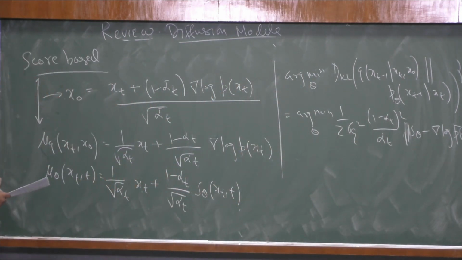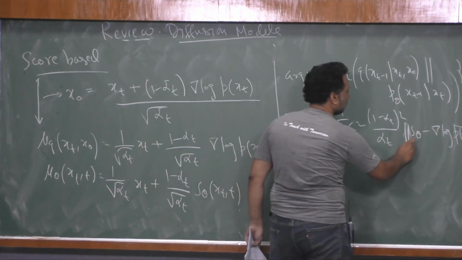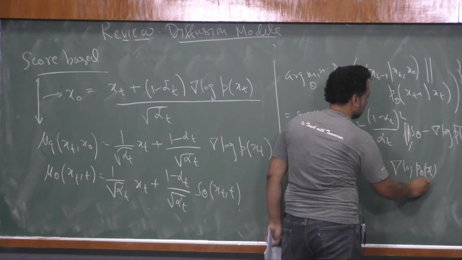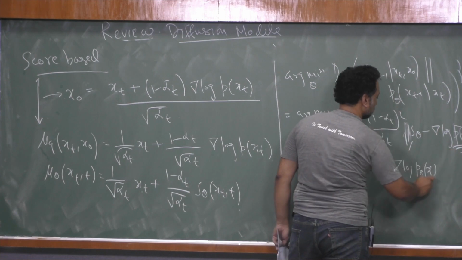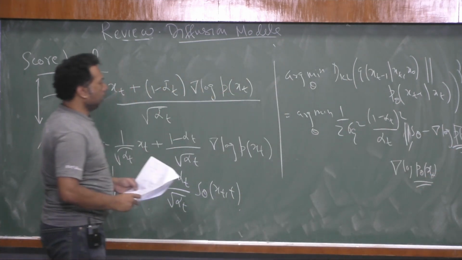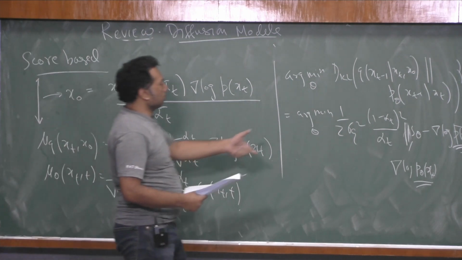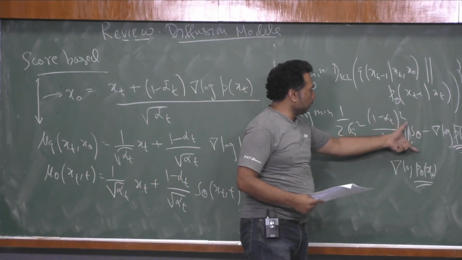There is this s theta and then the log and so on. s theta I have not defined: s theta is grad log of p theta, the density that I want to learn, and the other is the reference density. We are supposed to minimize this term. So in the last class we looked at what the feasible ways to do this are.